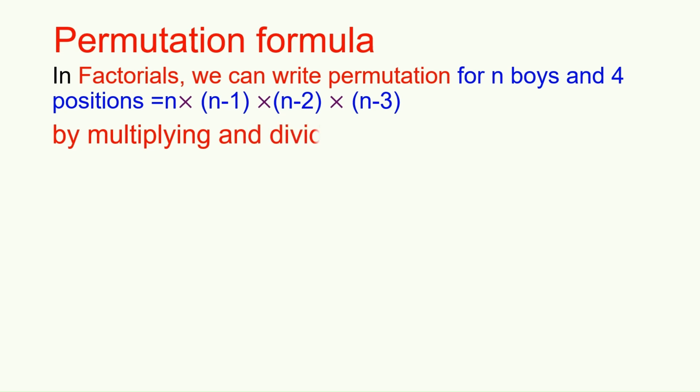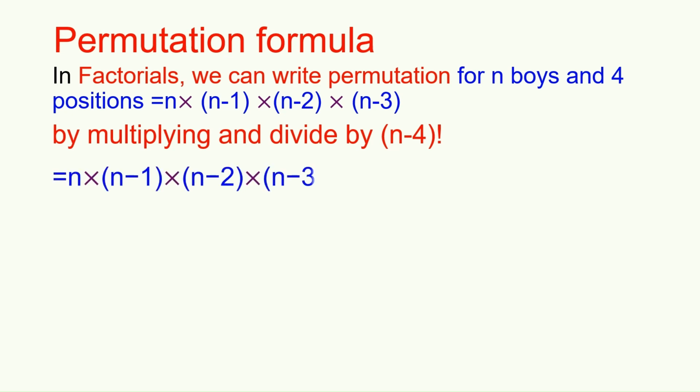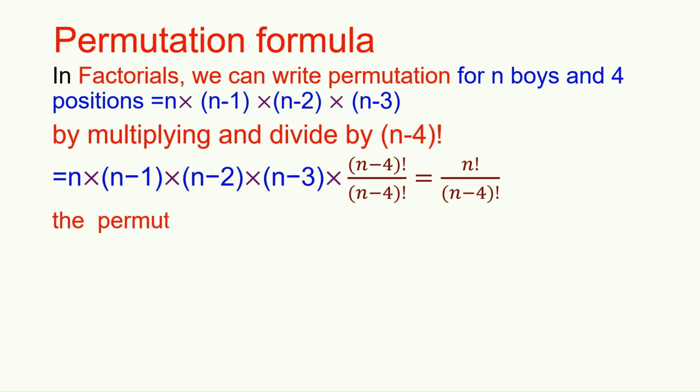Now, by multiplying and dividing by factorial n minus 4, the permutation can be written as n times n minus 1 times n minus 2 times n minus 3 times factorial n minus 4 divided by factorial n minus 4, which equals factorial n divided by factorial n minus 4.